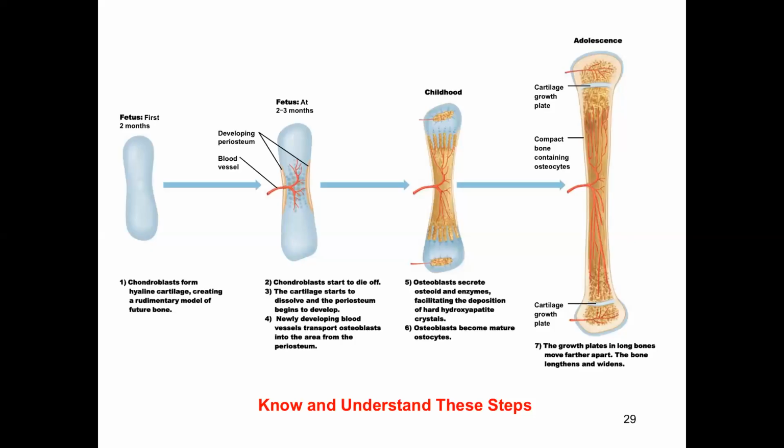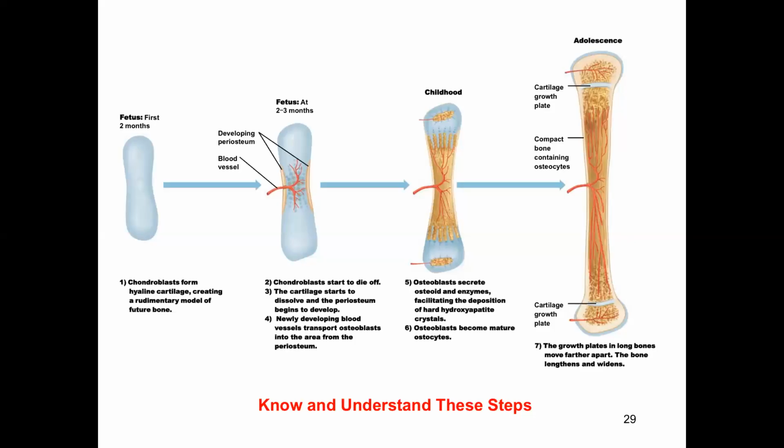So if you look at point 3, poor blood supply, so the chondroblasts start to die off. A periosteum, an outer layer of bone, starts to develop, so that's called a bony collar. And then blood vessels are attracted to that area, and they bring with them osteoblasts, all right? Then these blood vessels go into the actual tissue and bring osteoblasts into the dissolving cartilage.